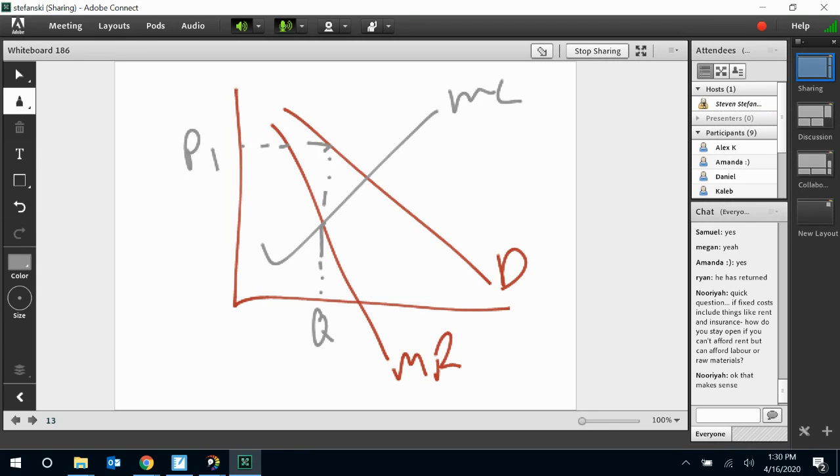Now, essentially, we know this is the demand curve, and this is essentially the supply curve. This would be where a perfectly competitive market would be. They would be right here, at a lower price, and sell more goods.